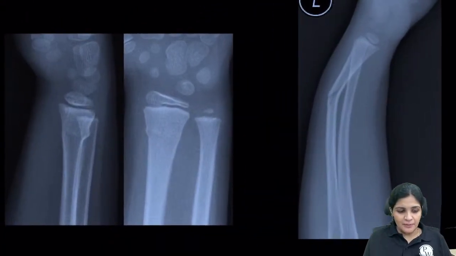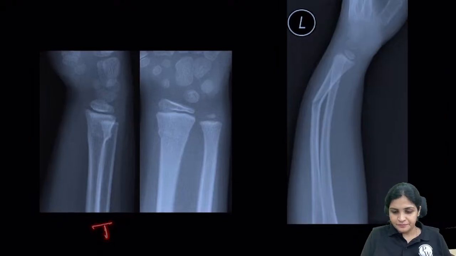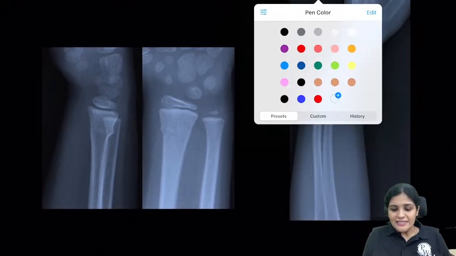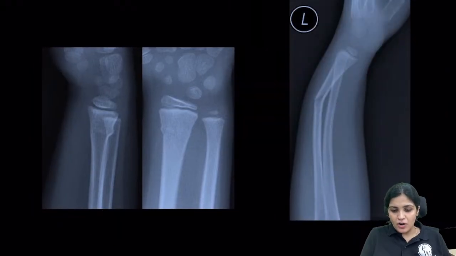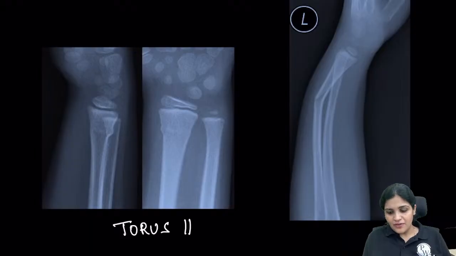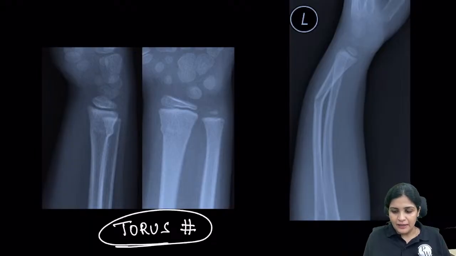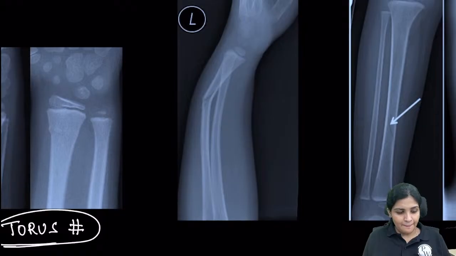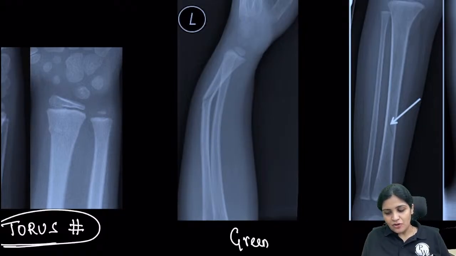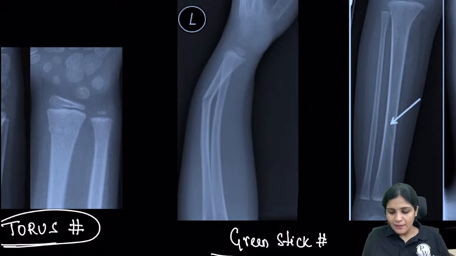What is this fracture? You can see there is a buckling here. So this is called the torus fracture. Okay? What is this fracture? This is your greenstick fracture. What happens in the greenstick?